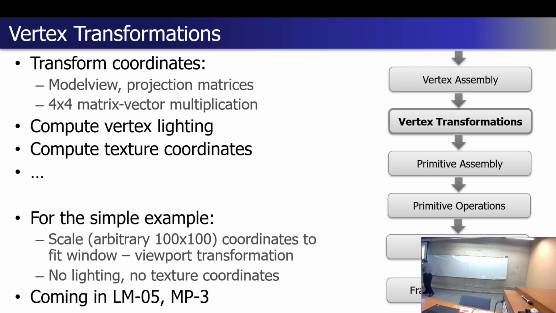For that simple example of the trapezoidal looking red-green thing, there is a series of vertex transformations happening. We had that call to the function GL-ortho. So we're setting up that we want all of our geometry to fit into that 0 by 100 or 100 by 100 box. We then have to take our input coordinates and scale them to that box.